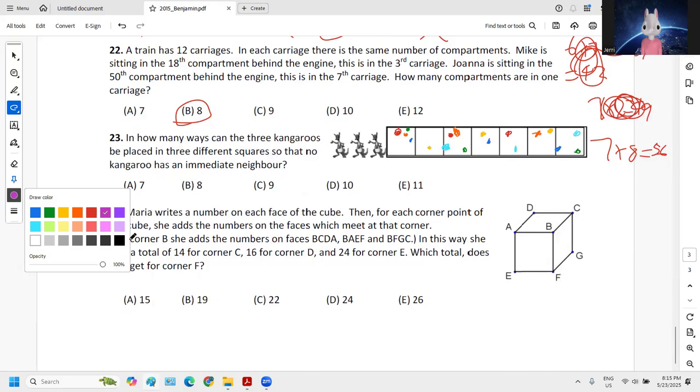And now this color. Here, here, and here. And now we can use this here, here. Oh wait, here, and here.